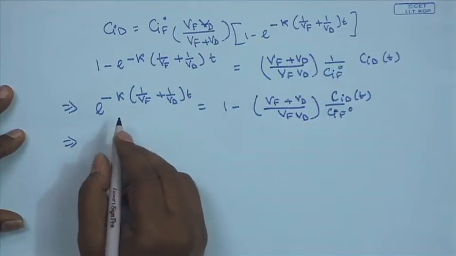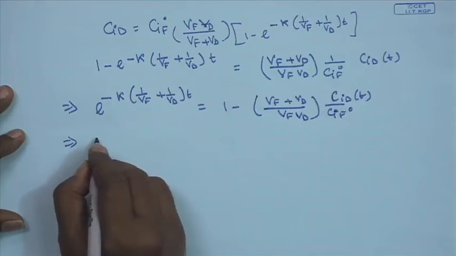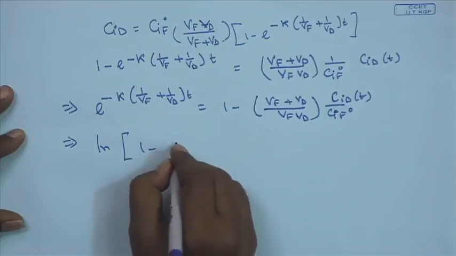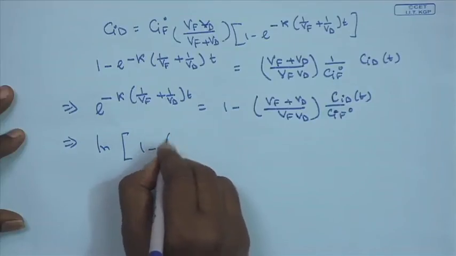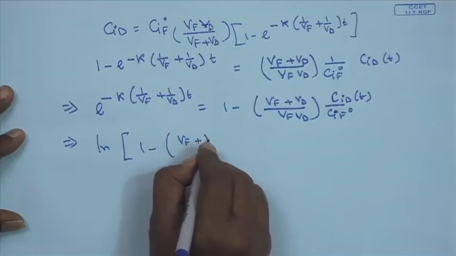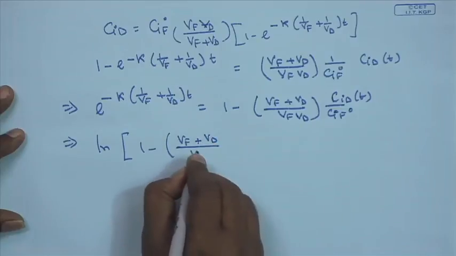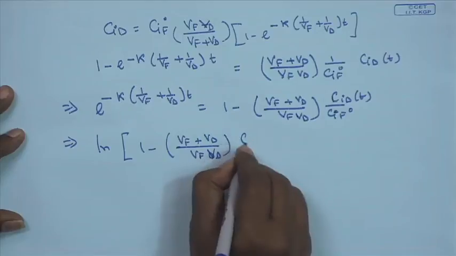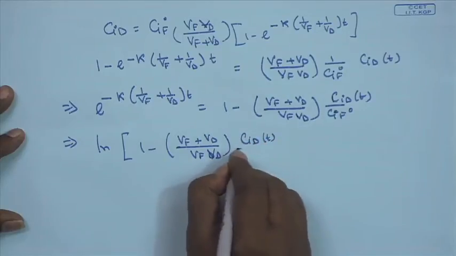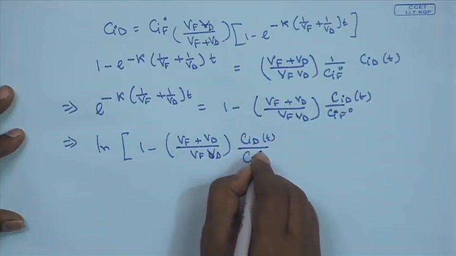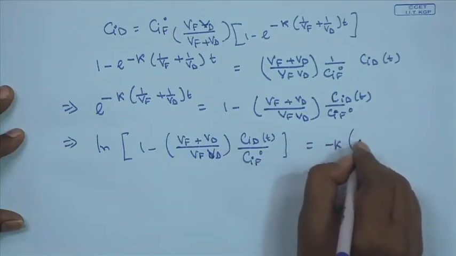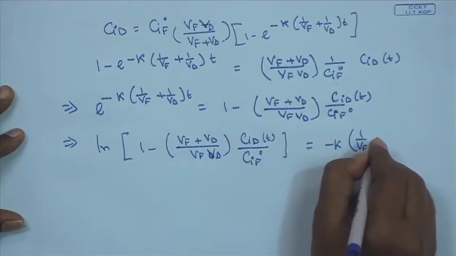If we take the log on both sides, ln[1 − ((Vf + Vd)/(VfVd))·CId(t)/CIf0] is equal to −k(1/Vf + 1/Vd)t.